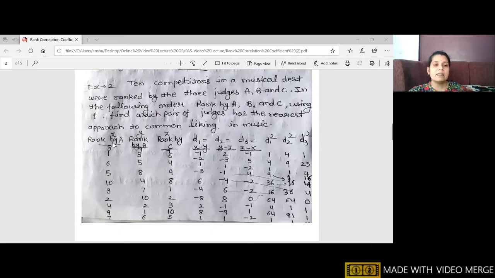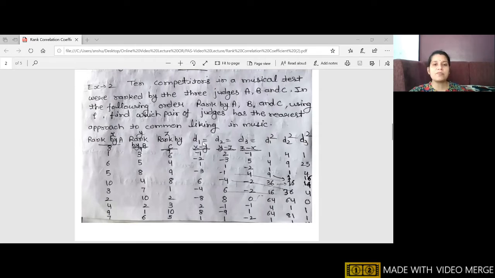Rank by B is 9, 3, 5, 8, 4, 7, 10, 2, 1, 6. And the third one, rank by C, is 7, 6, 4, 9, 8, 1, 2, 3, 10 and 5.